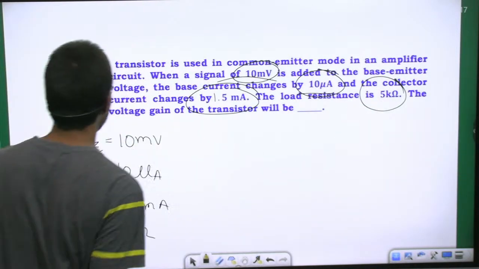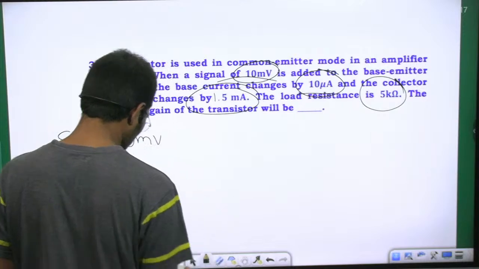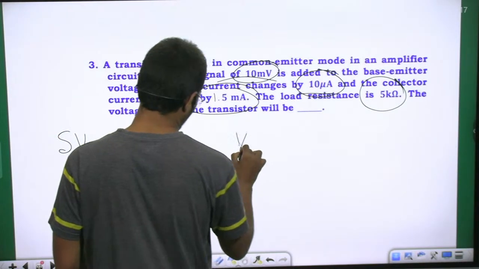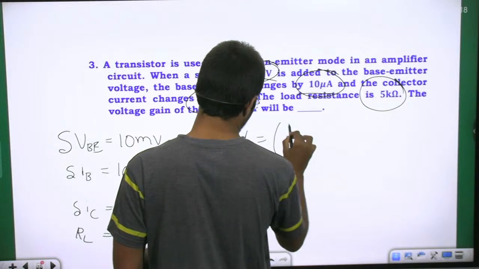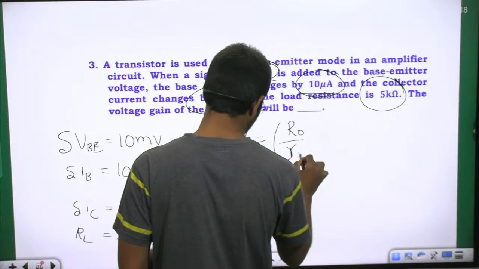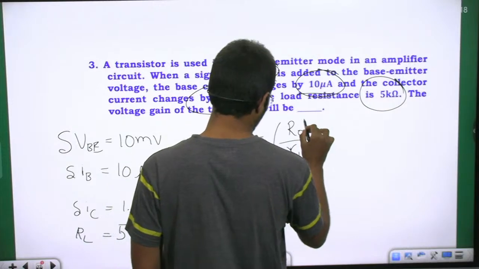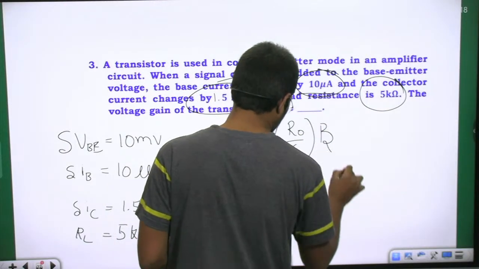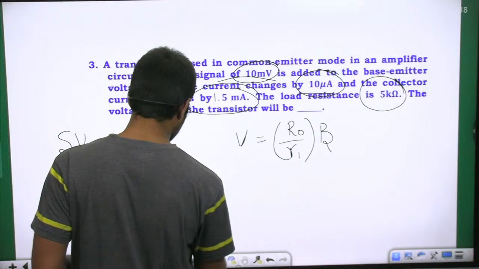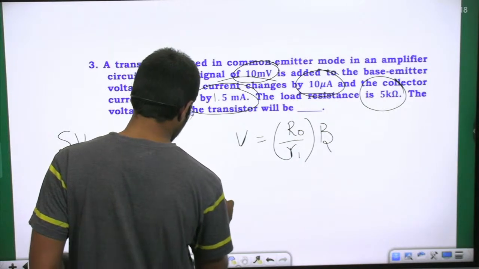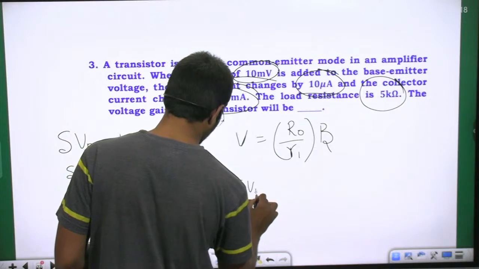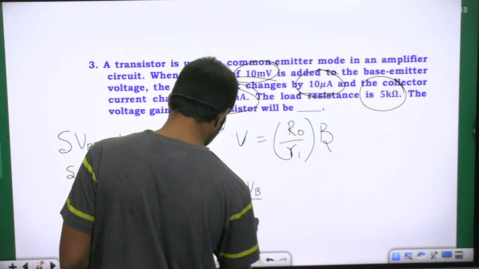Now the voltage gain in the transistor will be... how do you find this beta? First let us try to find this Ri. Ri is equal to delta VBE by delta IB.